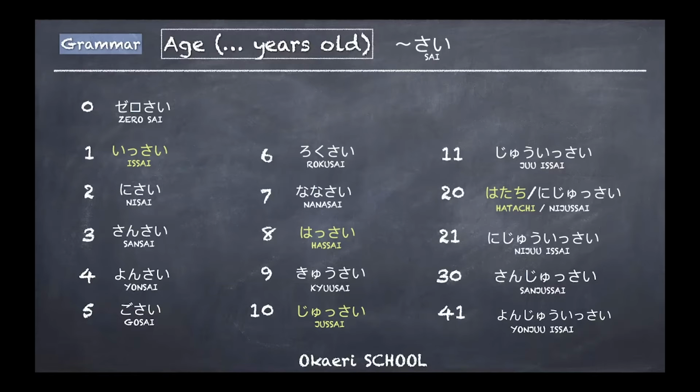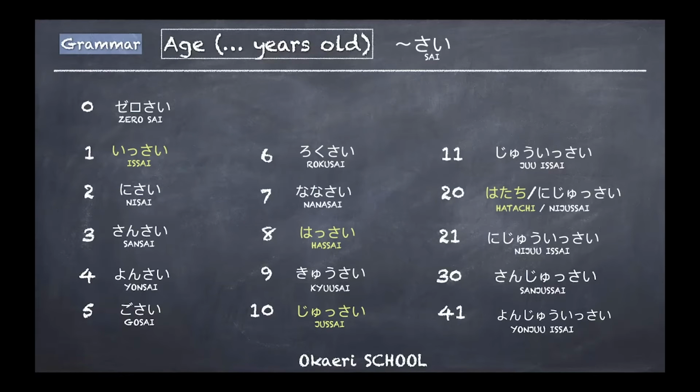That's a double consonant, so you have a little break, like a little tsu sound. Right, so 0歳, 1歳, 2歳, 3歳, 4歳, 5歳, 6歳, 7歳, 8歳, 9歳, 10歳.